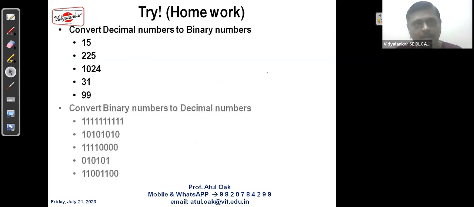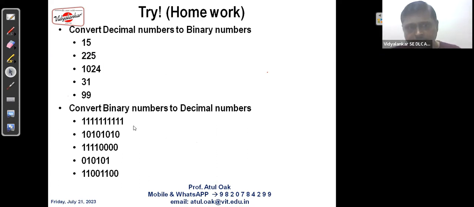Okay, you can take a pic of this and this is your homework. I will say homework number 1. What you have to do, you have to convert decimal to binary. All these numbers are decimal numbers. Okay, you have to convert into binary.